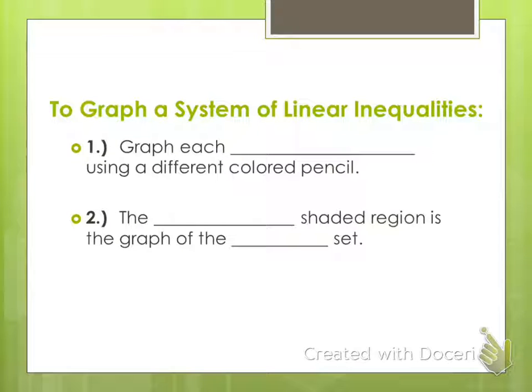To graph a system of linear inequalities, graph each inequality using a different colored pencil. Colored pencils are not required. It's just a suggestion. Like I said, you can use pen, highlighter, just two different writing utensils.